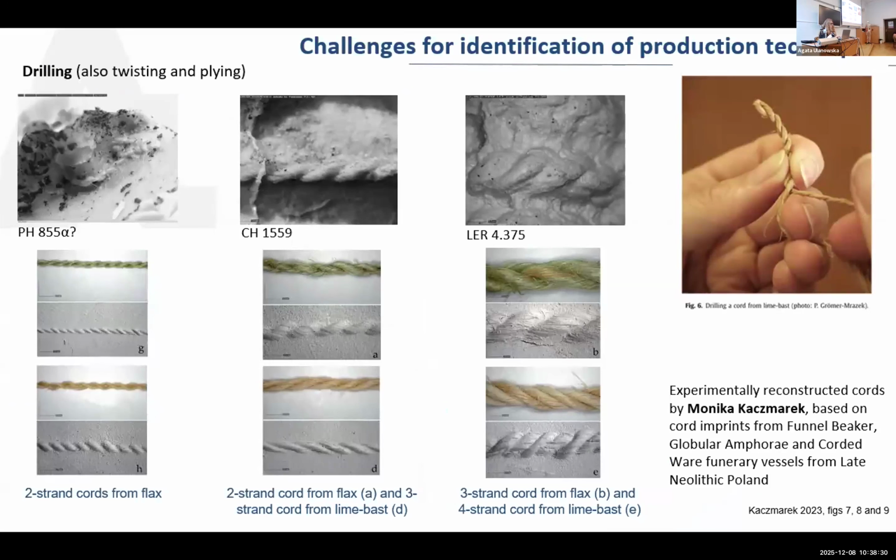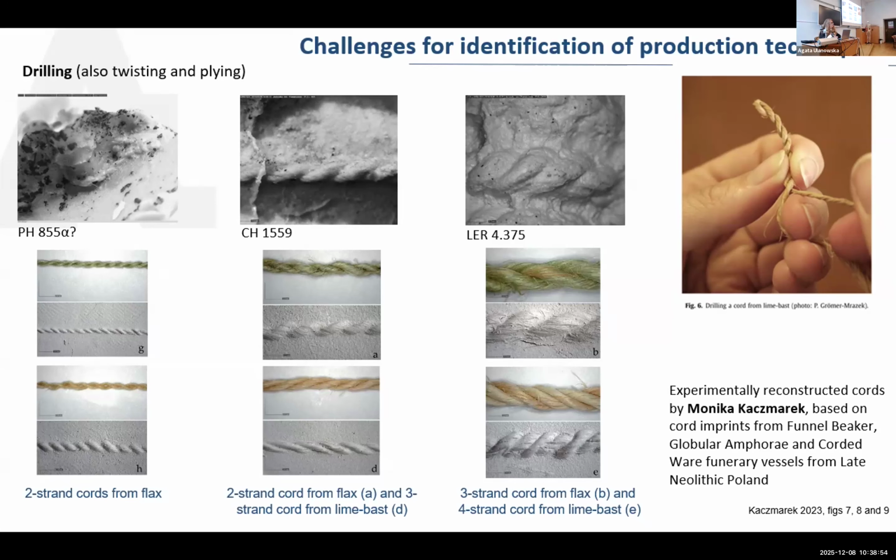And another challenge is related to the documentation of techniques. Here you can see experiments made by Monika Kaczmarek, another team member, in impressing 2, 3, and 4 strand cords made of flax and lime bast on clay.